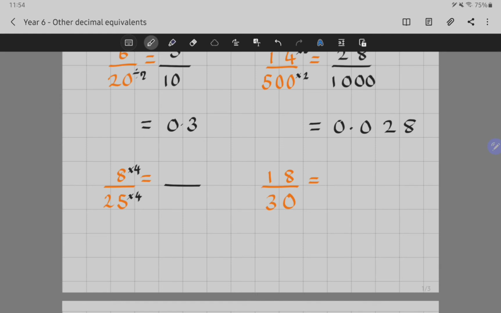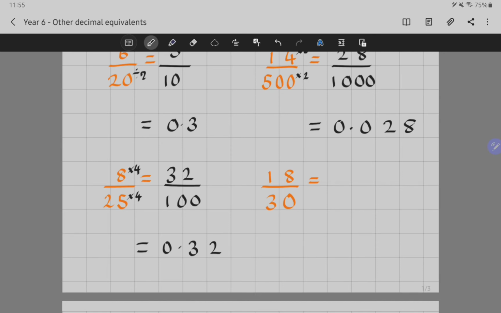So 8 times 4 is 32, and 25 times 4 is 100. So I've got 32 hundredths, which is the same as saying 0.32.